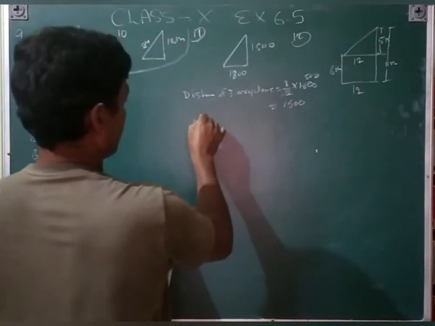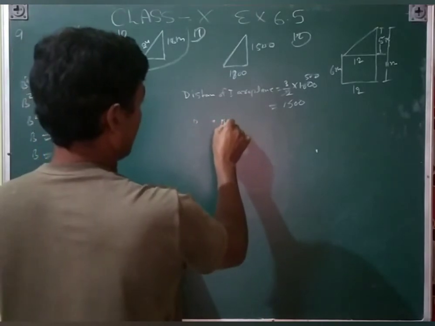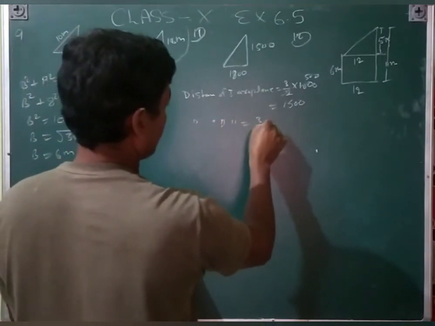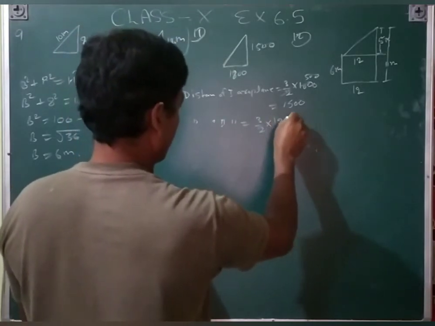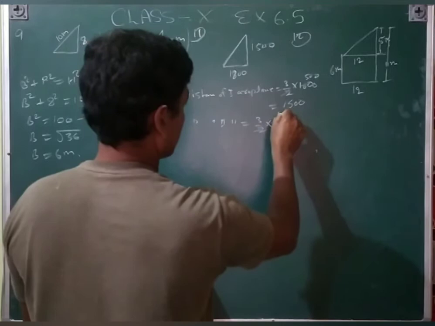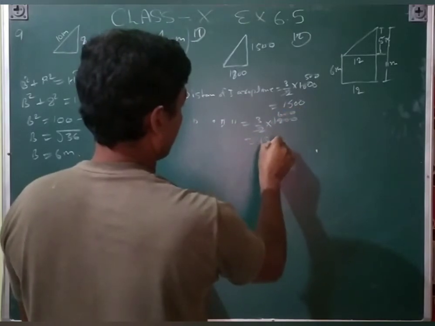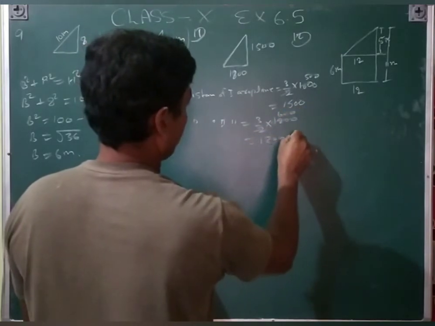Similarly, the distance of the second aeroplane is equal to 3/2 into 1200, that is 1800.